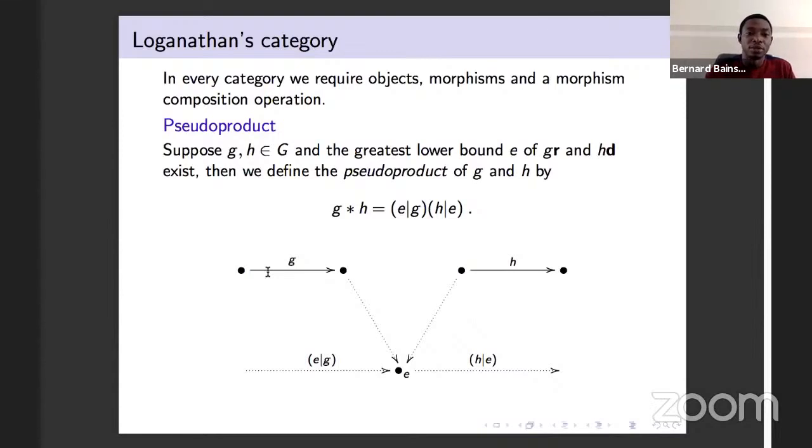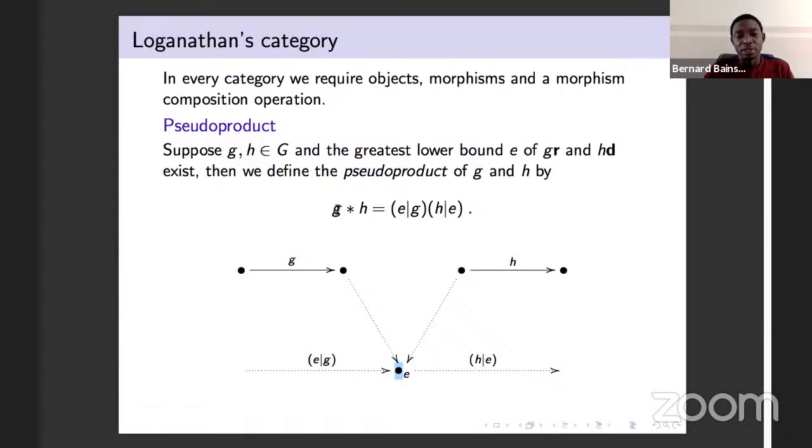So to build Loganathan's category, we define the following product. We call it a pseudo product. If you have two morphisms, g and h in G, then the pseudo product of g and h, which we write as g star h, will be defined given that you have an object e that is less than or equal to the range of g and less than or equal to the domain of h.